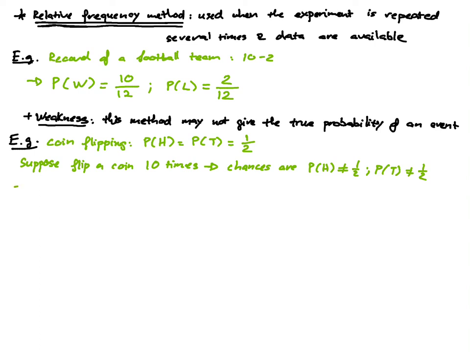So the idea is, if the number of repetitions is relatively low, using this method, the relative frequency method will yield wrong probabilities.